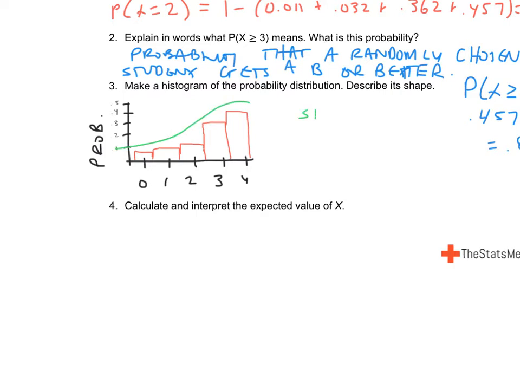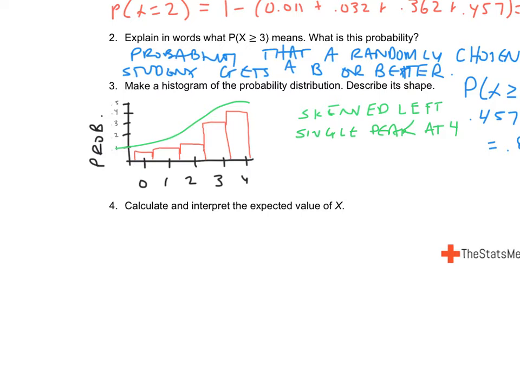So it's skewed left, and it's got a single peak at 4. So we can call it unimodal, single peak at 4. That would be our SOCV kind of a deal here.